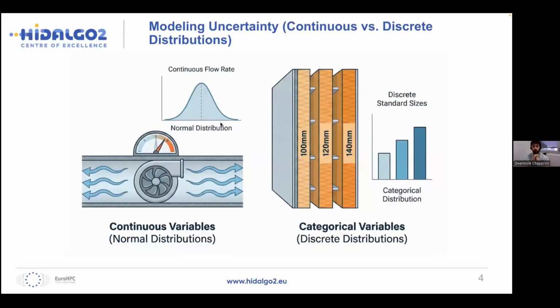So to run an ensemble simulation, we first have to know what kind of parameters we will be varying and what will be the distribution for each one of those parameters. What is quite interesting is that in a city, we will use both the most common types of distribution: the normal distribution and the discrete distribution.